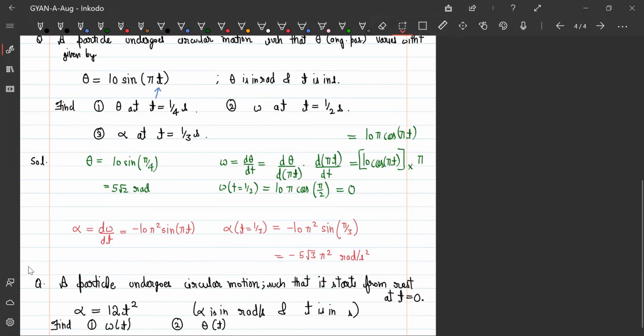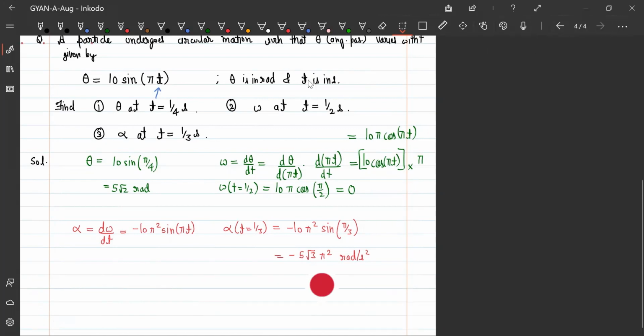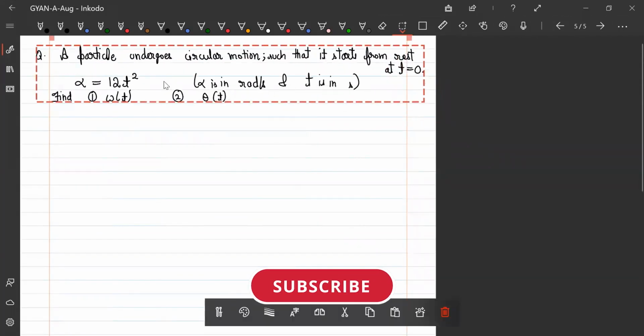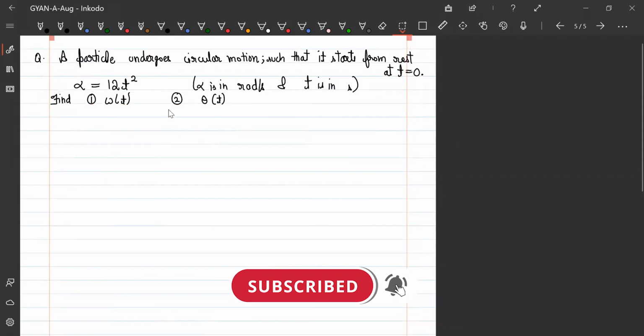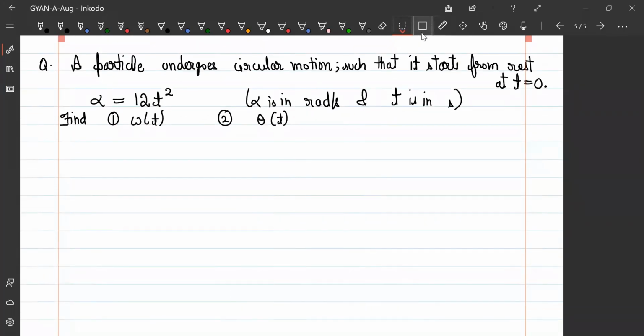So alpha दिया हो, omega और theta find out करना है, then you have to of course do the integration. First, you have to find omega as a function of time, and then you have to find theta as a function of time.